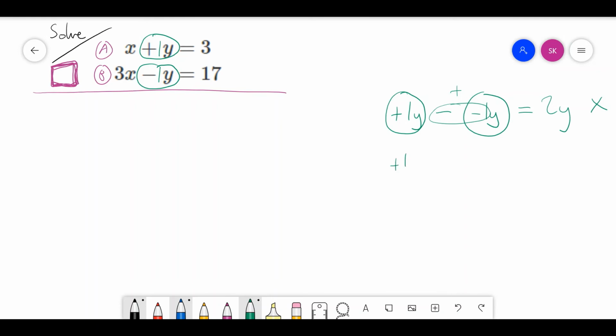Let's try a different way. 1y plus negative 1y. I start off with 1y. If I'm adding a negative, it's the same as subtracting. So 1y take away 1y, 0. That is what I was aiming for. So that means the thing that's going in this box is going to have to be this plus over here. So I'm going to write that in green pen.